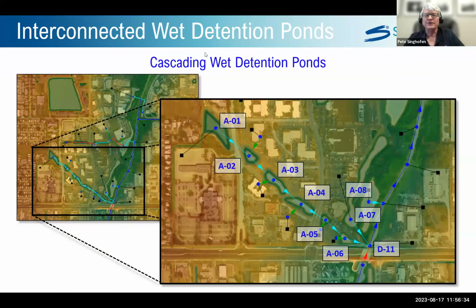So I'm going to show you a case where we have cascading wet detention ponds, and there's 6 of them in this line here. And there are control structures between each of them, and they're all controlled at different elevations. So we get runoff from the drainage area.